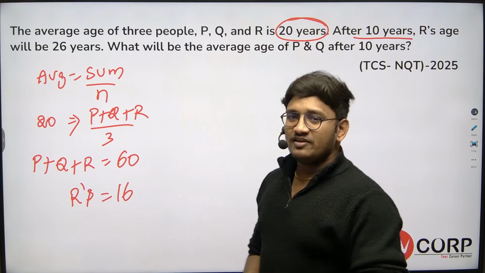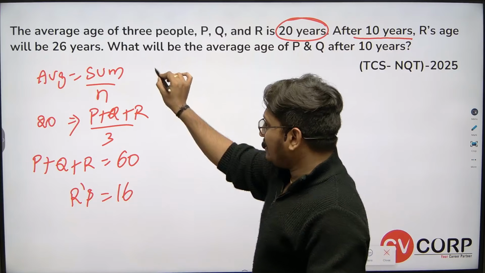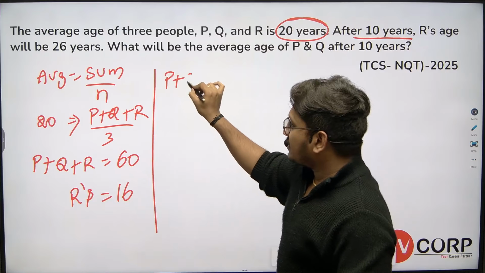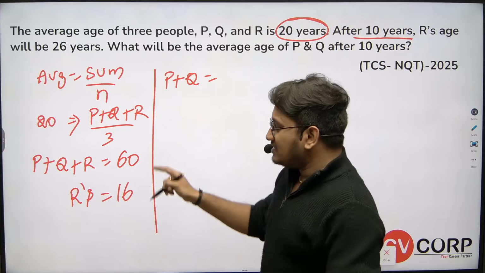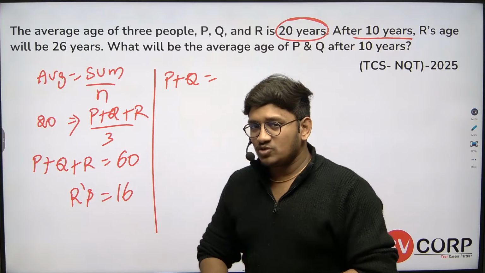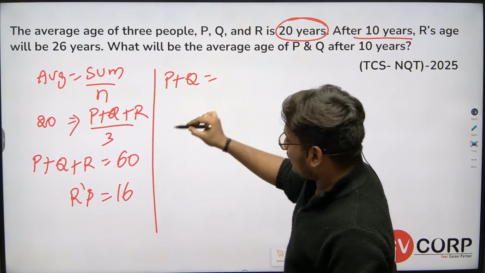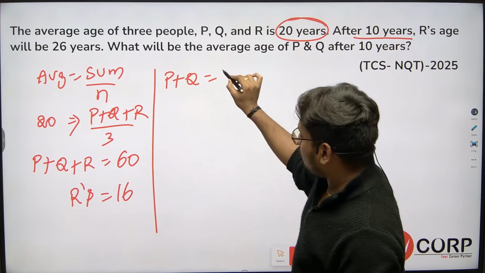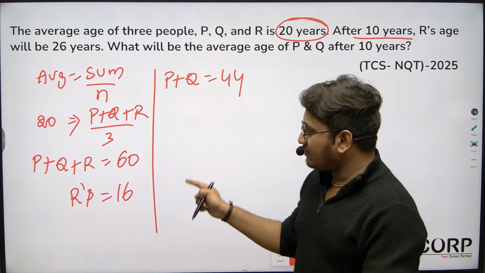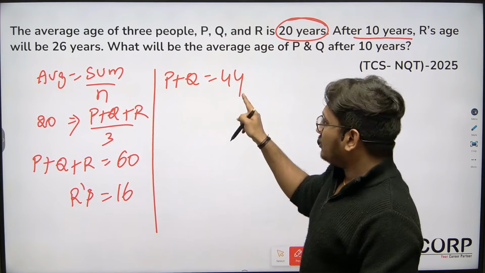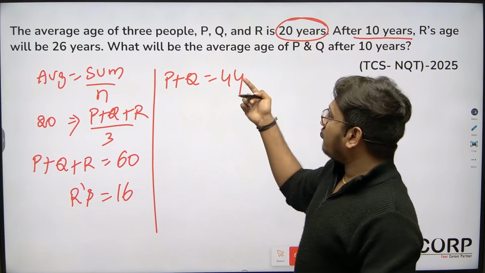Now if R's age is 16, P plus Q's age is equal to 60 minus 16, which is 44. Now P plus Q's age is 44 at present.